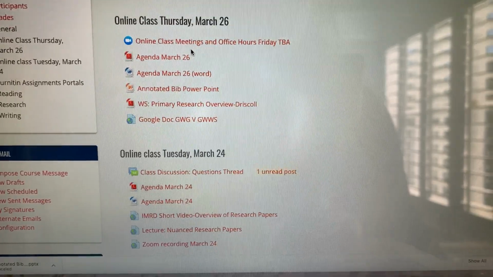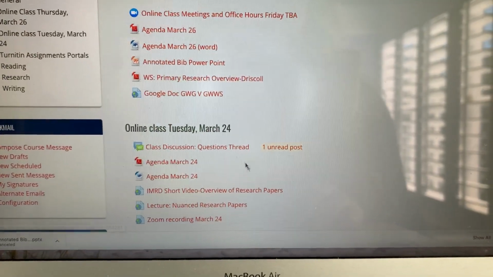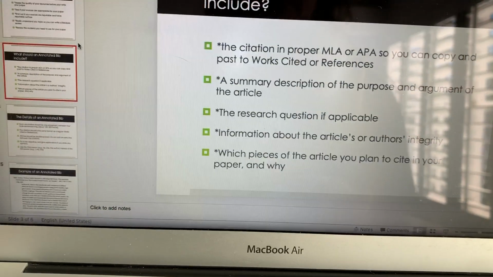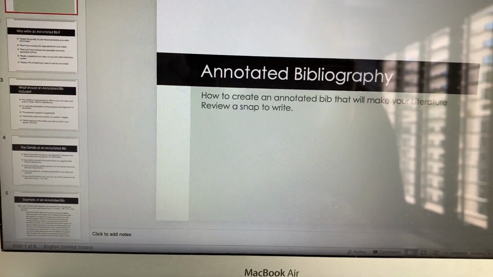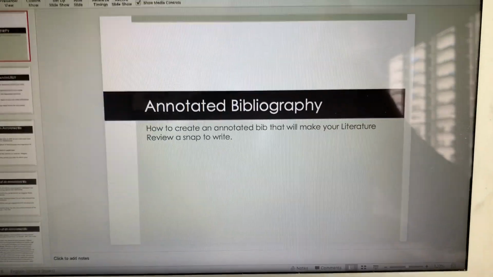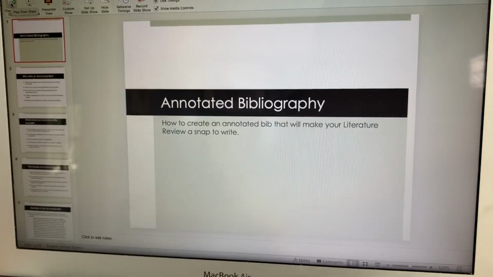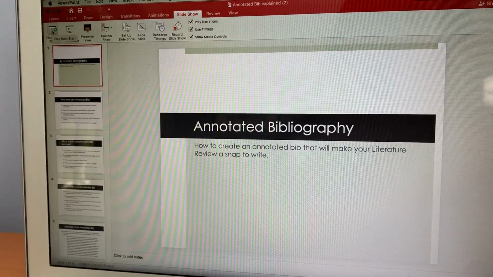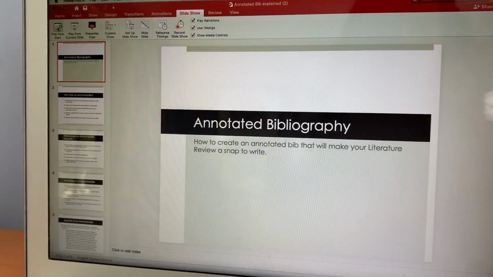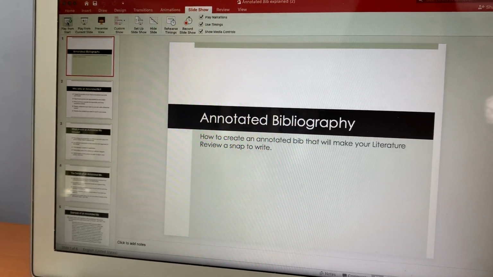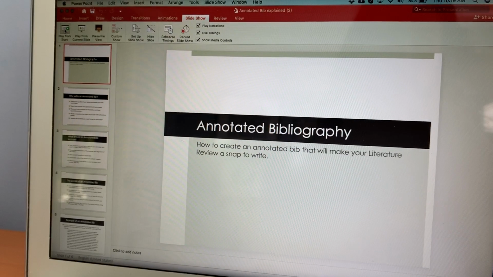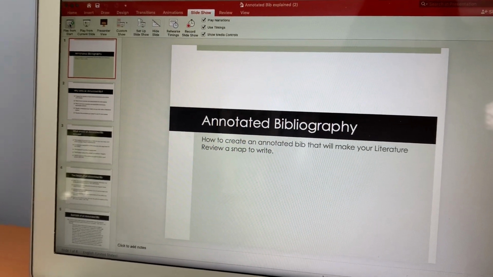So we are going to be looking at right now, as the lecture of the day, the annotated bibliography. Okay, so again, let's review for just a moment. In your research paper, we have an introduction, including a literature review. We've talked about the methods a little bit, and we'll be talking about that on Tuesday after we read Dr. Driscoll's work.